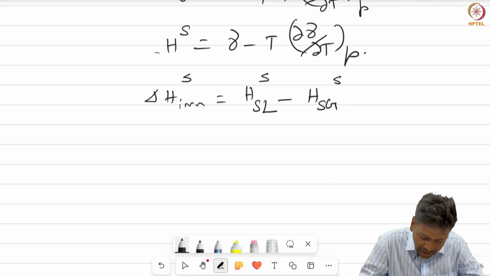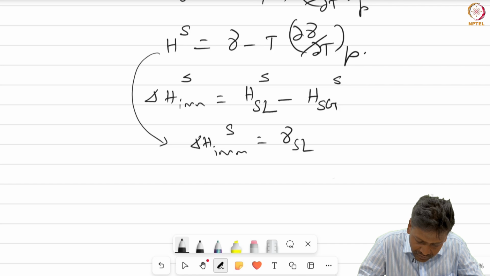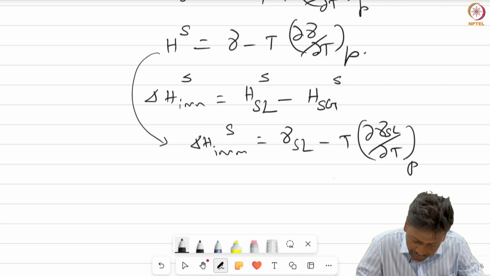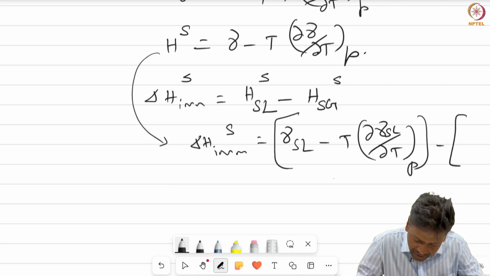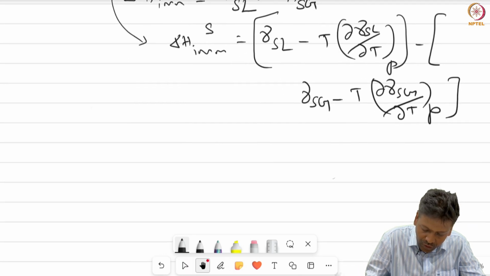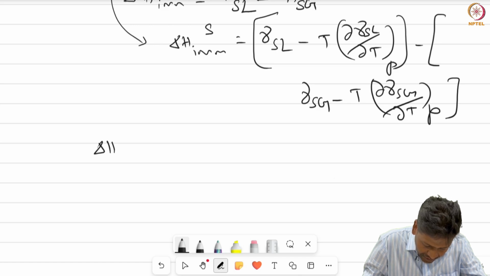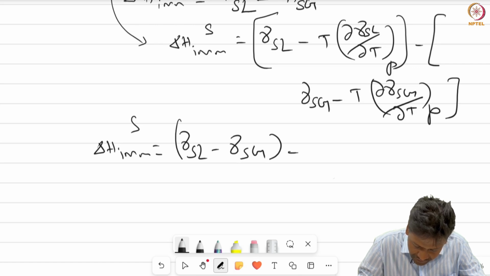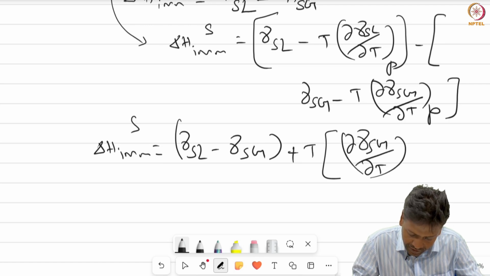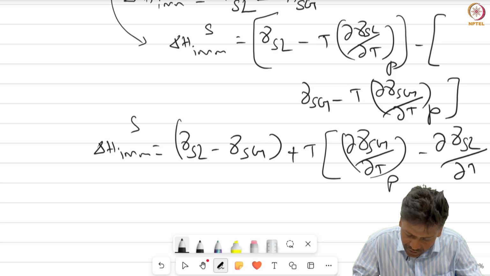In this way, I can rewrite this equation: H SL is gamma SL minus T dgamma SL by dT at P, minus H SG, which I can write as gamma SG minus T dgamma SG by dT at P. So this is nothing but gamma SL minus gamma SG minus T times, dgamma SG by dT at P minus dgamma SL by dT at P.